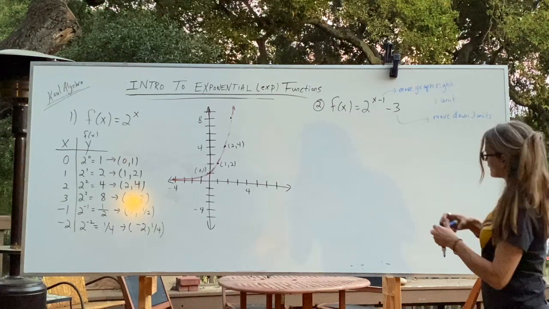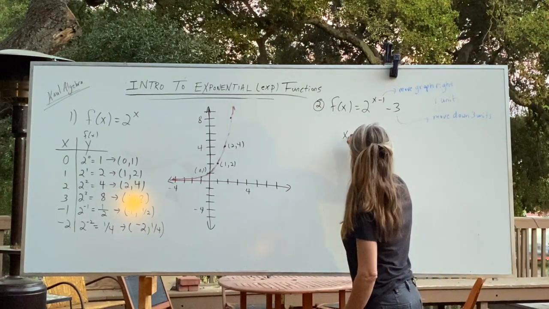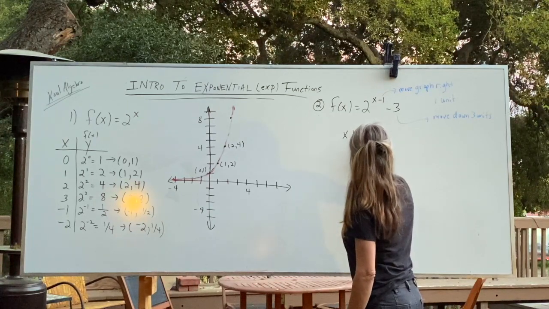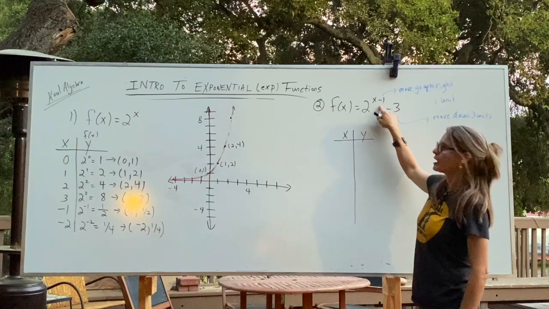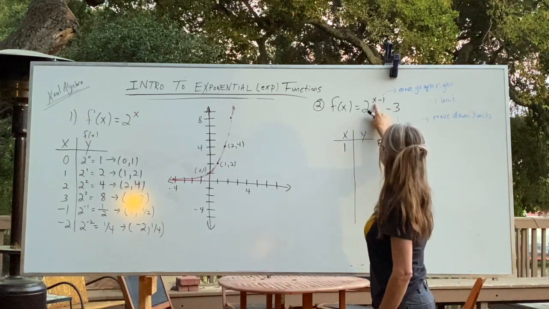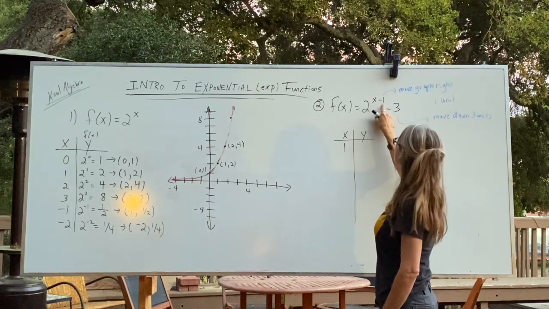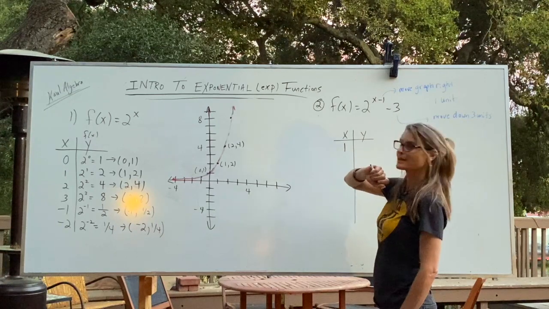So doing a table of values in this case, I'm going to go ahead and make my table of values. And I'm going to try to adjust the numbers so that I get nice outputs. So in this case, if I pick 1 for x, 1's a nice number because 1 minus 1 makes a 0 in the exponent, and 2 to the 0 makes 1.